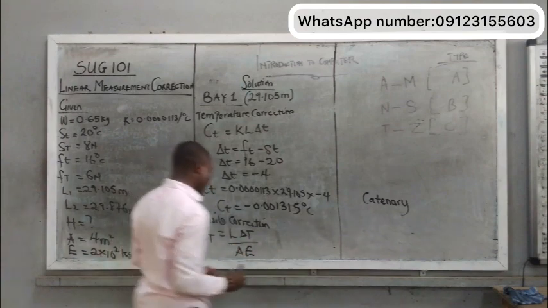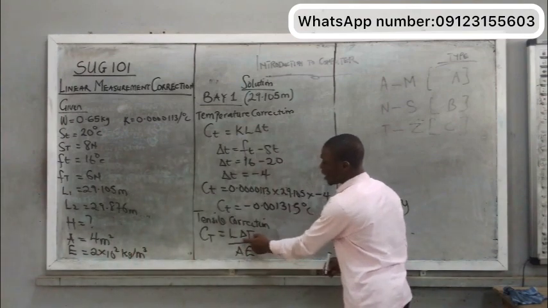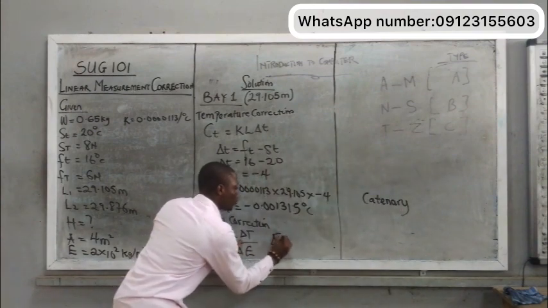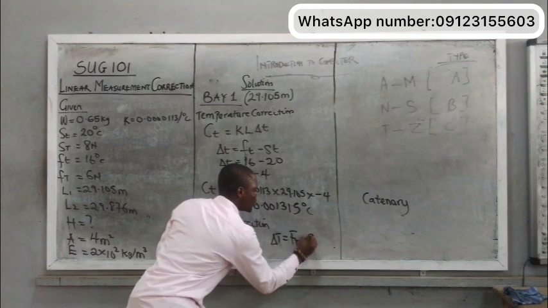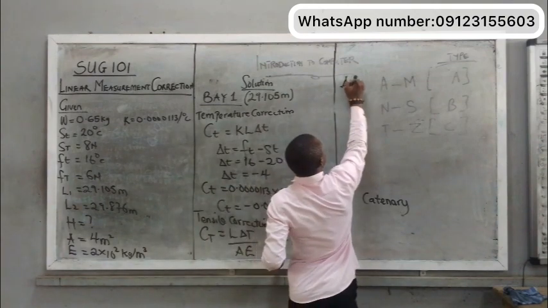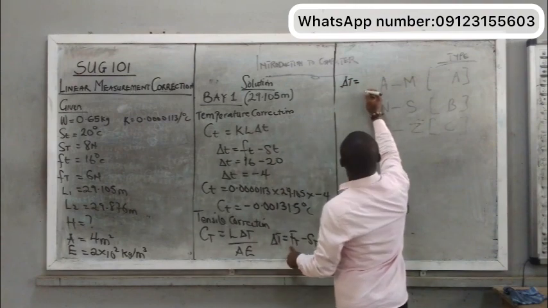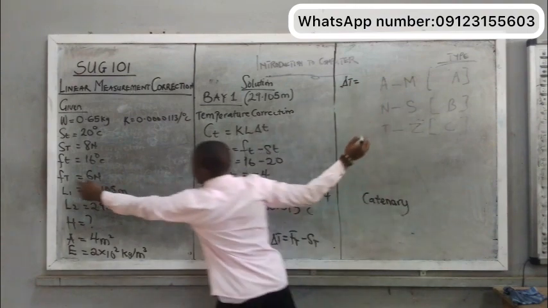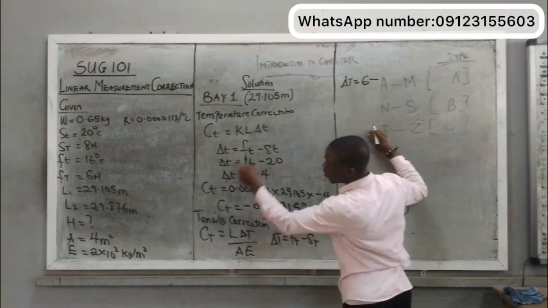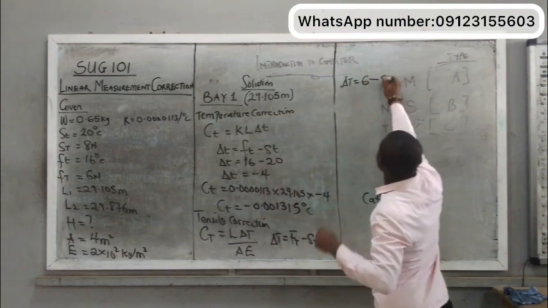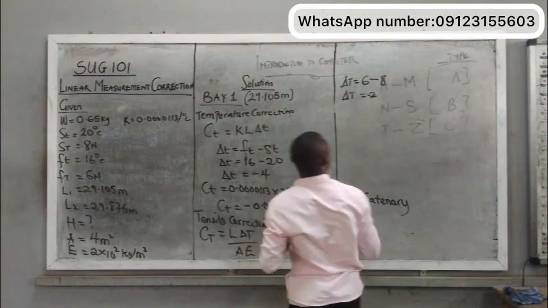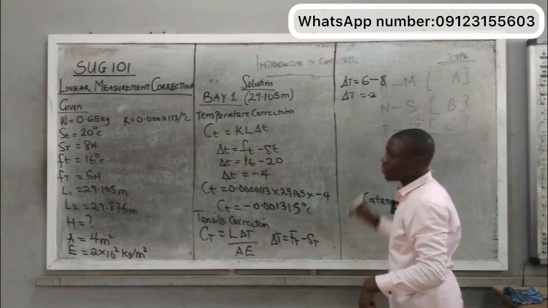Now I know all my change in T. We said change in T is equal to FT minus ST. Let's put the parameters: FT is the constant, 6 Newton, minus ST, which is 8 Newton. Hence my change is minus 2 Newton.